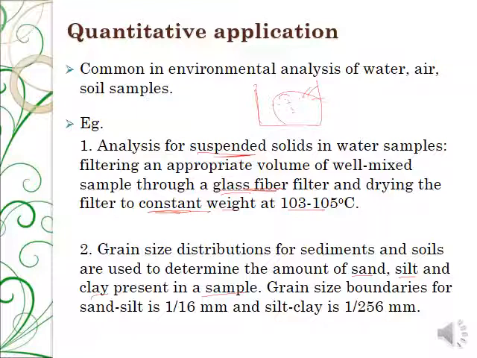The grain size boundary for sand and silt is 1/16 millimeter, and for silt and clay, the boundary size is 1/256 millimeter. Based on this, we can differentiate the three types of soil due to their different sizes.